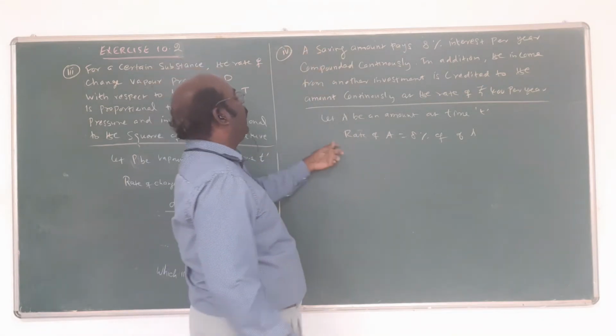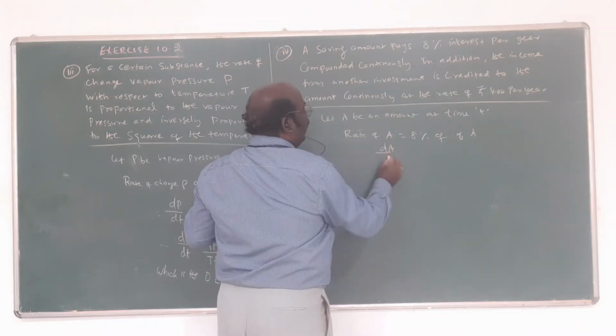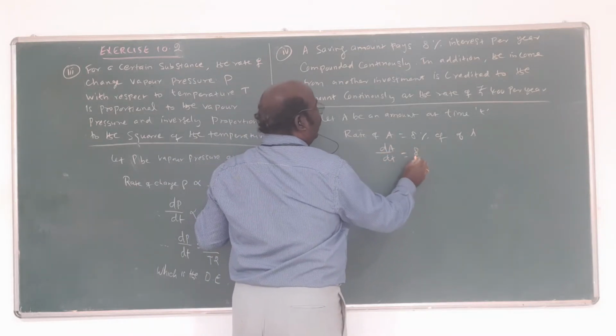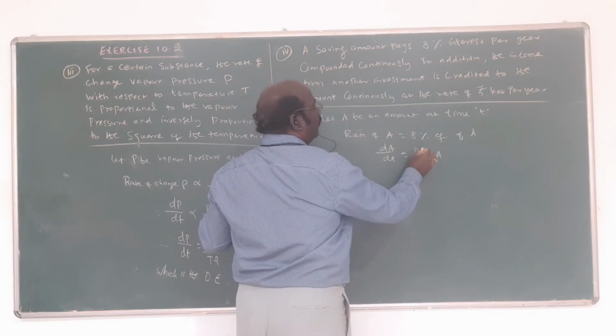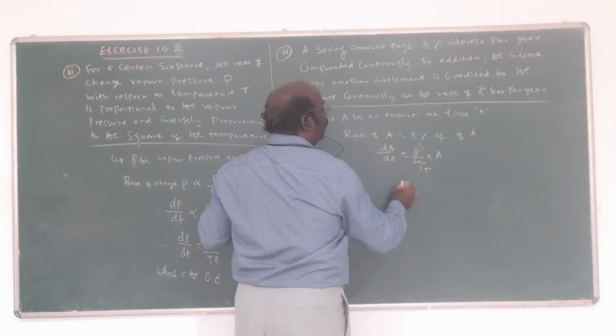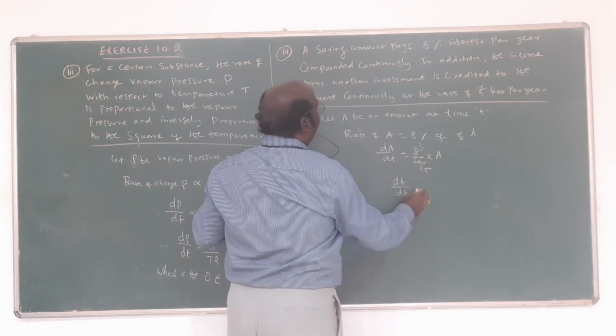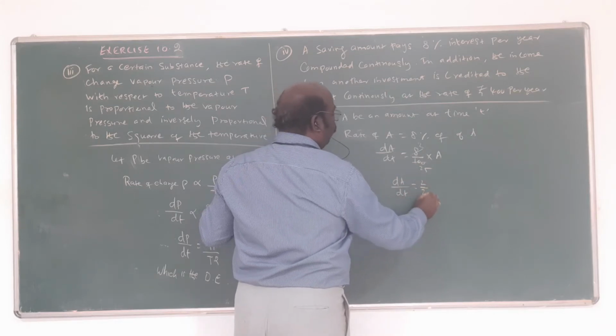That means the amount A is increasing at the rate of 8%, 8 by 100 of A. Cancel, 4 into 25. So dA by dt is equal to 2 by 25 times A.